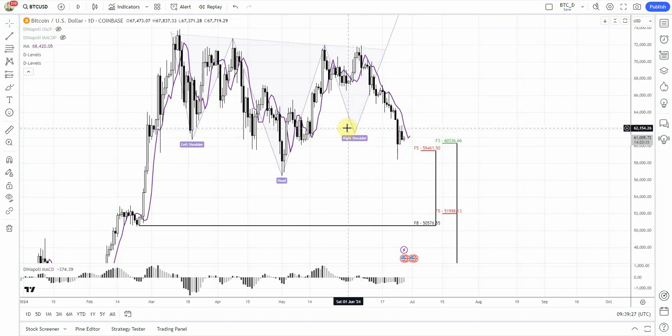But on the lower time frame, if you remember last time, we saw the failure of potential bullish patterns. The head and shoulders has not been formed, and later the three-drive buy has not been formed either, because it's been cancelled. Here the market has exceeded the downside ABCD XOP target.